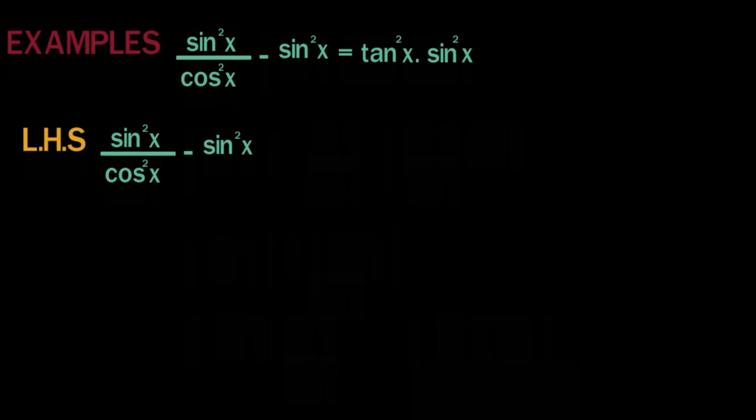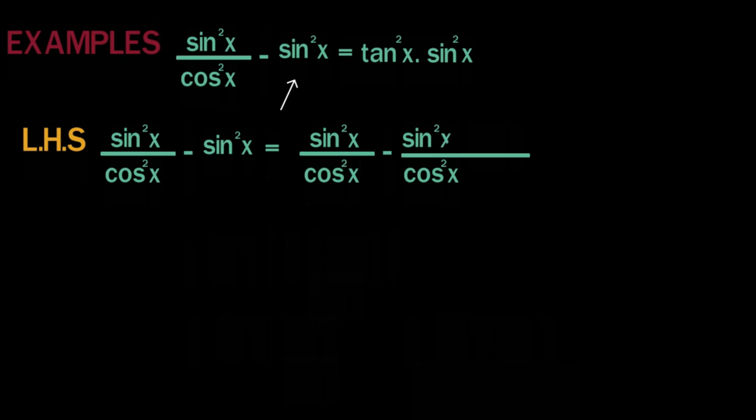Because the right hand side is a multiplication of two terms, we also want to group the left hand side into one term. First, we change the second term so that it has the same denominator, cos square x, so it will be sine square x multiplied by cos square x.